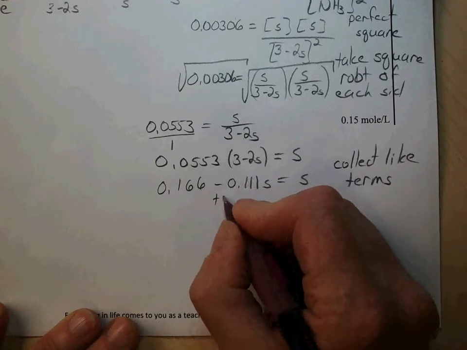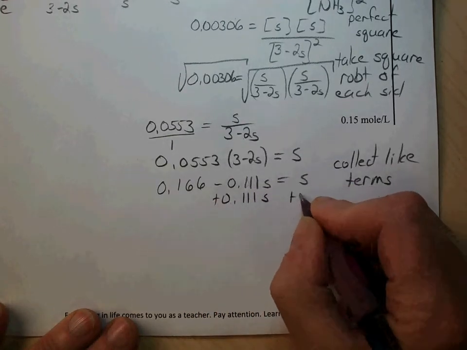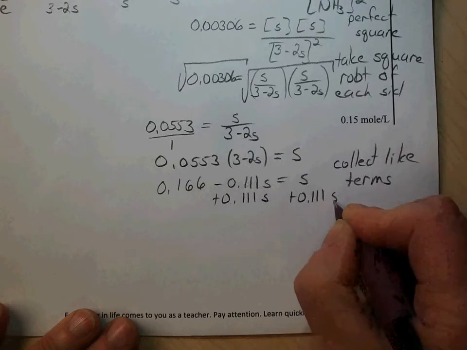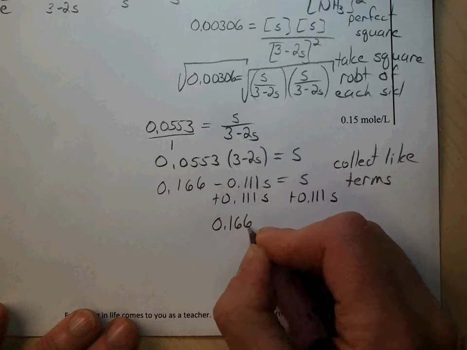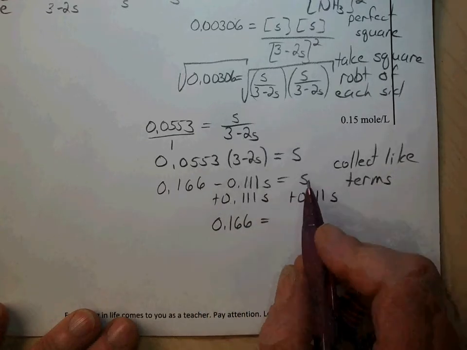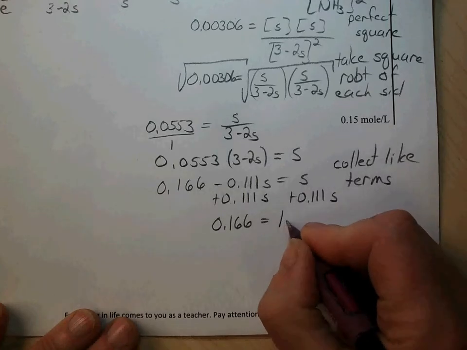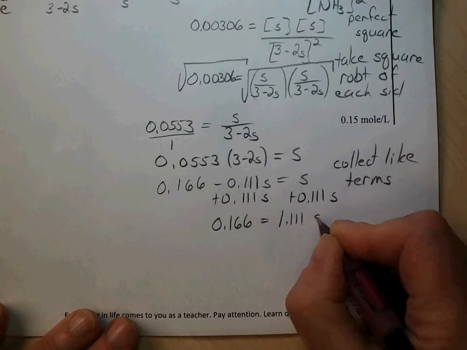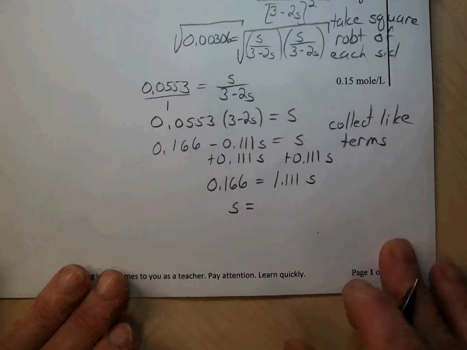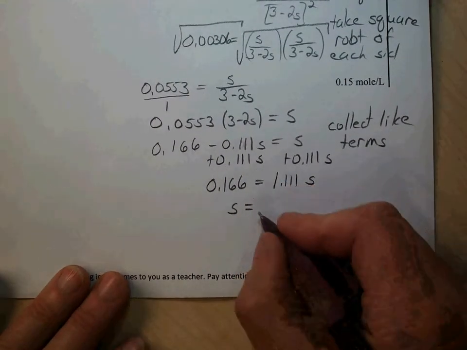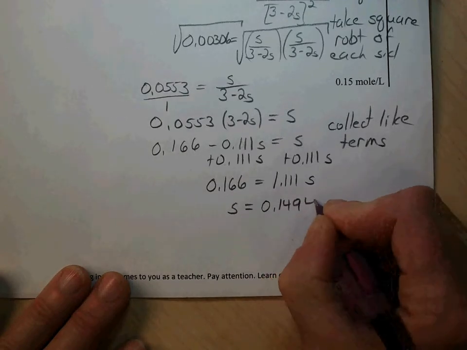So we'll add 0.111 times S to each side. We have 0.166 is equal to 1S plus 0.111S, which is 1.111 times S. And we would find that S is equal to 0.1494.